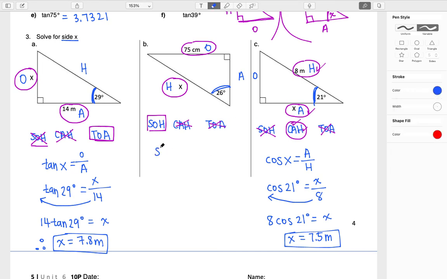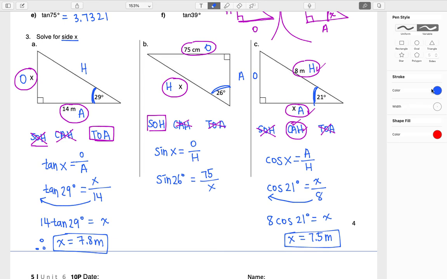So sine x or theta is equal to opposite over hypotenuse. Let's plug it in. Sine 26 degrees is 75 over x. Now this time is a little bit different because now we have x in the denominator, not in the numerator.